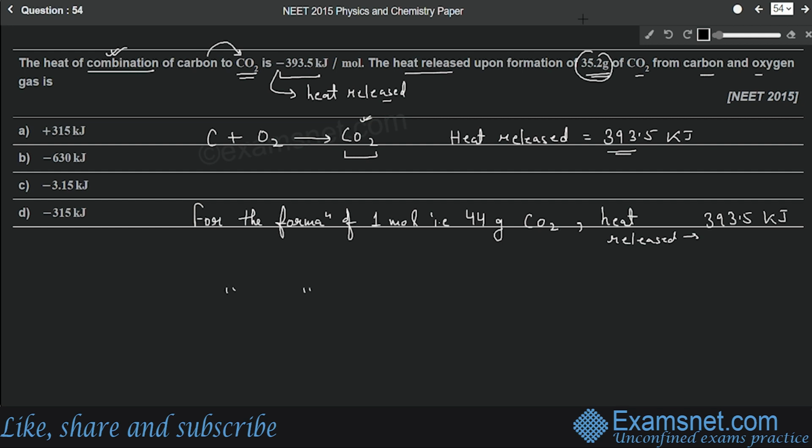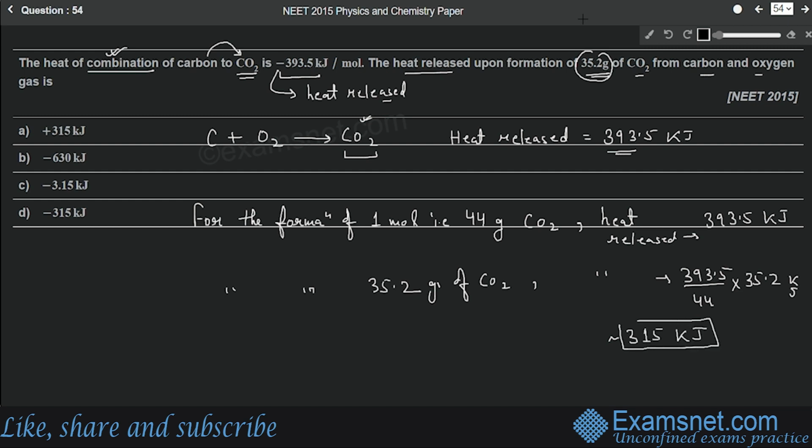So for the formation of 35.2 grams of carbon dioxide, the amount of heat released will be 393.5 divided by 44 into 35.2 kilojoule. So we have used the simple unitary method here. And on solving this, you'll get almost 315. So 315 kilojoule of heat will be released when 35.2 grams of carbon dioxide is formed. So option A will be the correct answer.